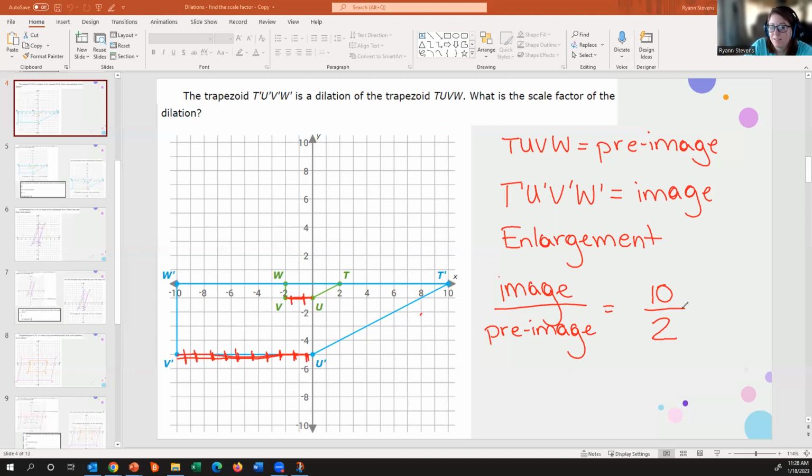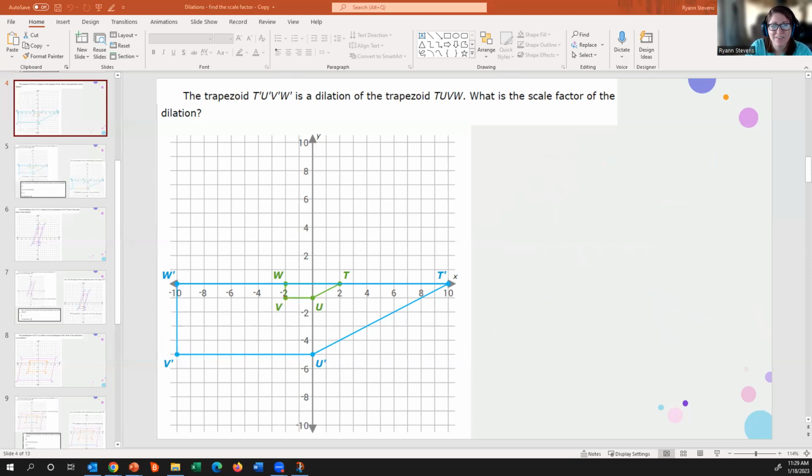Okay, so 10 divided by 2 is going to give me a scale factor of 5, which means that each one of these corresponding sides is multiplied from the pre-image to get to the image. So this side is multiplied by 5 to get to this side over here. You have to enlarge all of the sides, which results in our image that we see with this blue trapezoid.